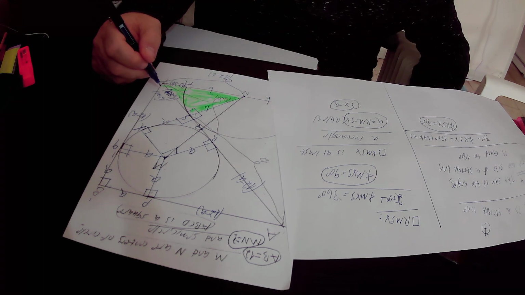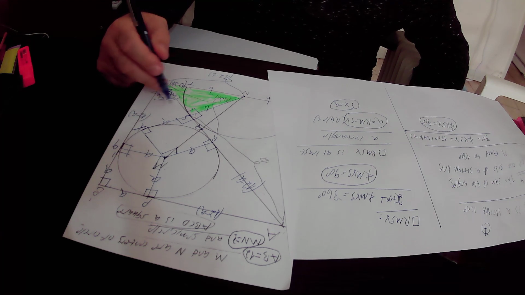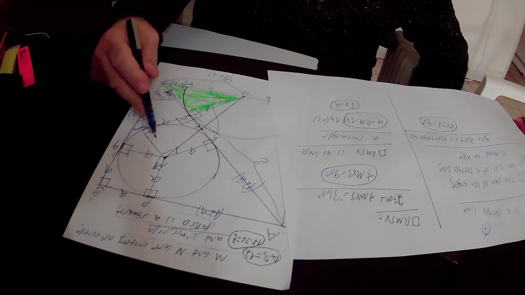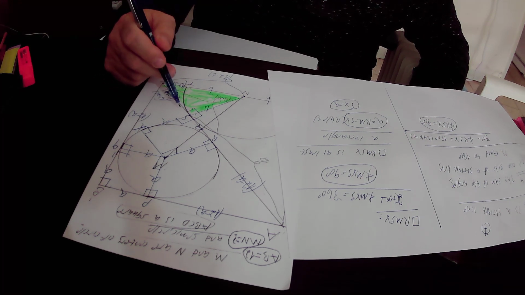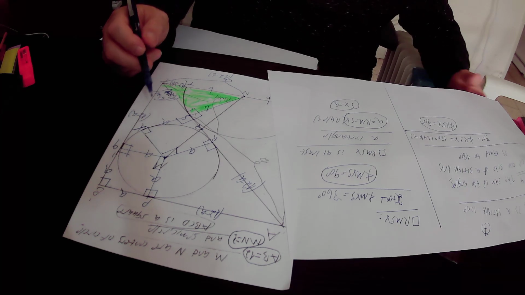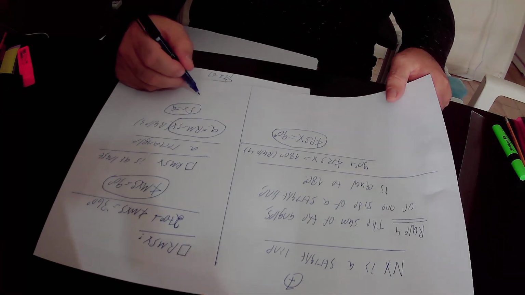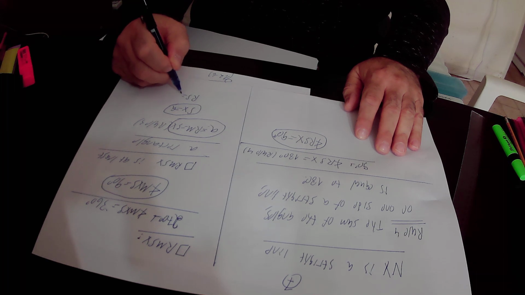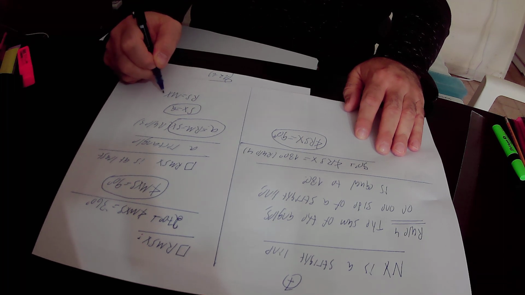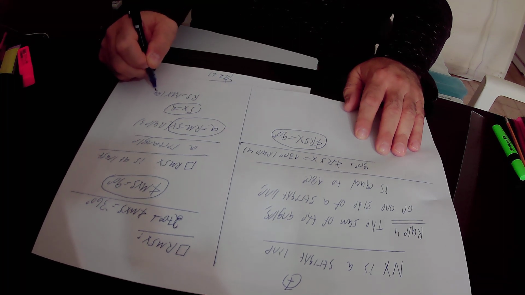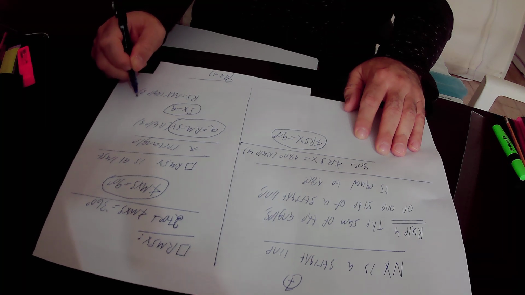Likewise, in rectangle RMSX, Rs must be equal to Mx, according to rule number 3, that the opposite sides of a rectangle are equal to each other.